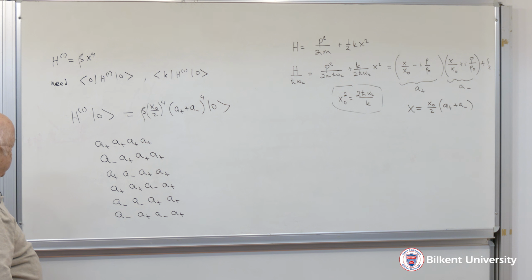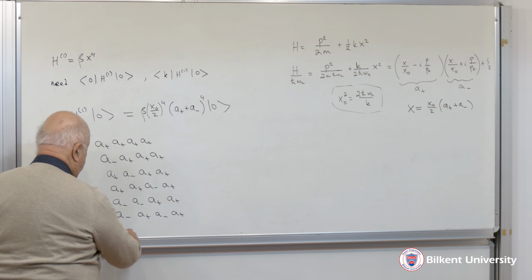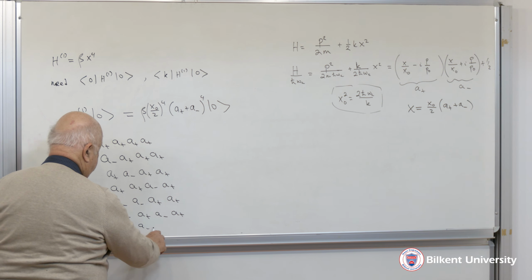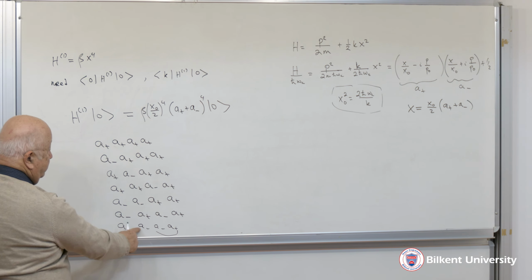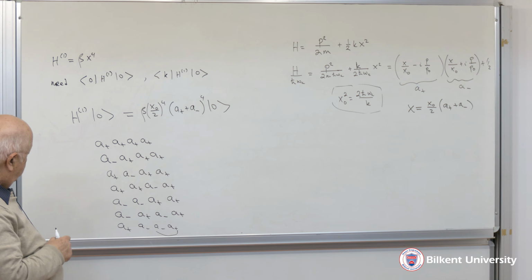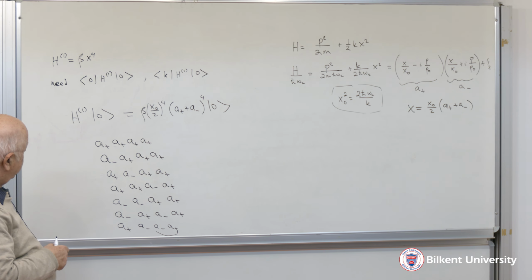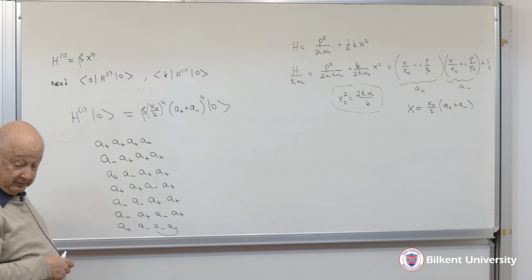Can I do anything else? A plus, a minus, a plus. Okay, that I cannot have, because if I have a plus, a minus, a plus, this will just bring it back to a 0 and this will kill it. Okay, so am I missing anything? These must be it.